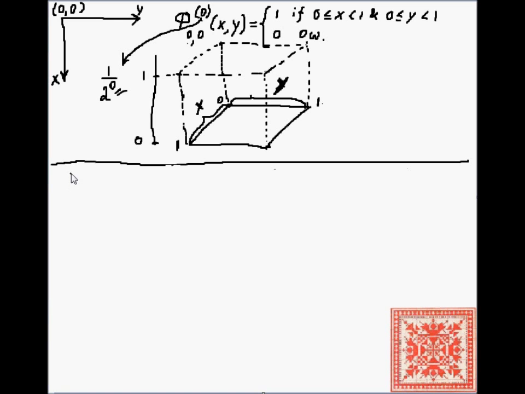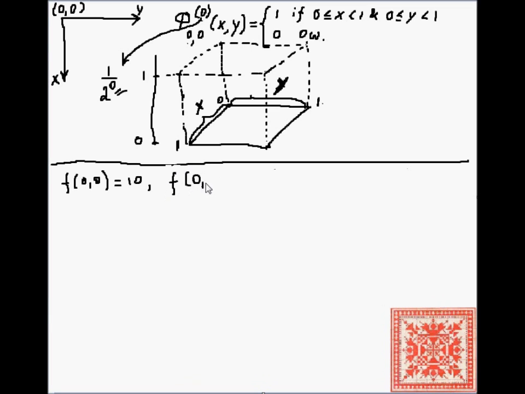Okay, so here's an example. Let's do a quick example of how we can use those basic 4 step functions to approximate a function. So let's say that we have the function whose value f of 0, 0 is 10.